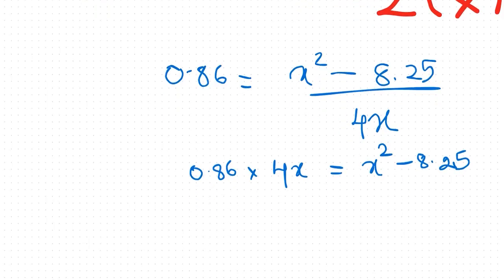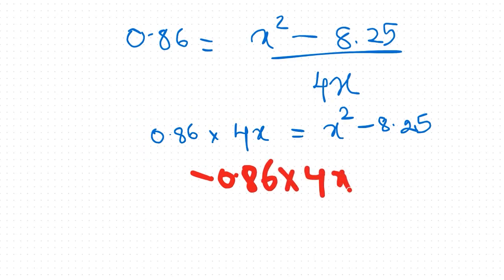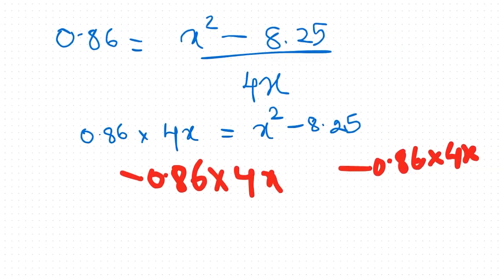Now bring all terms to one side. First, how much is 0.86 into 4? It's 3.44.